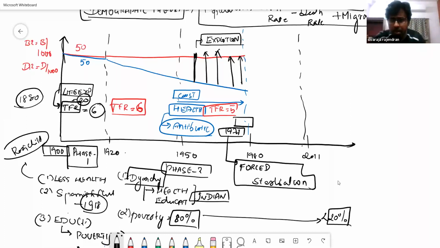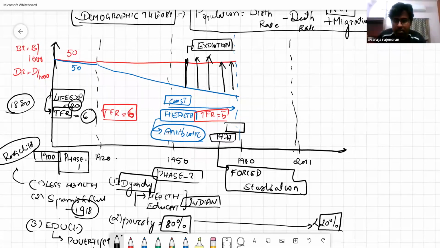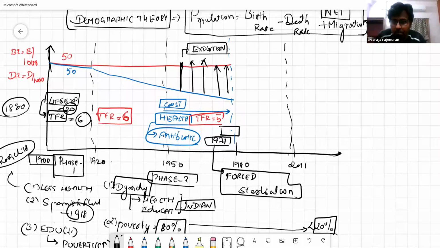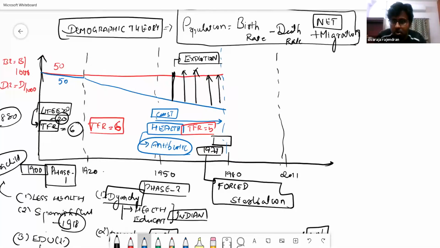But again the change: if you remember, we discussed last class that globalization happened. When globalization happened, you should have a proper family, and hence the birth rate decreases. And the death rate actually stabilized. So birth rate became 22.